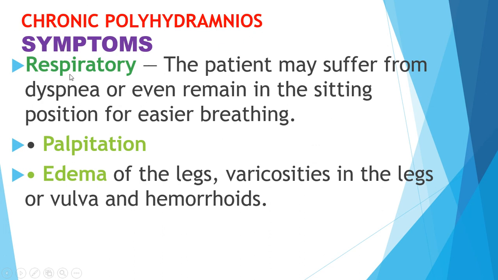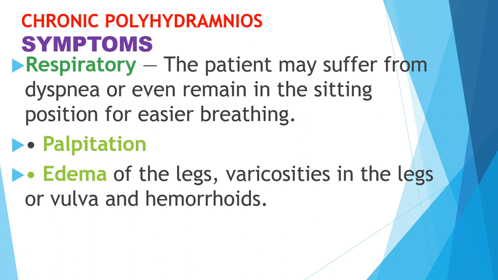The symptoms are respiratory. The patient may suffer from dyspnea or even remain in a sitting position for easier breathing. When the gravid uterus is greatly enlarged, it compresses the diaphragm, and it is difficult for the mother to breathe.